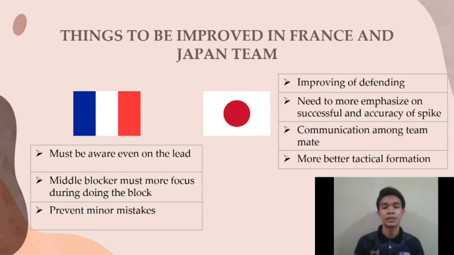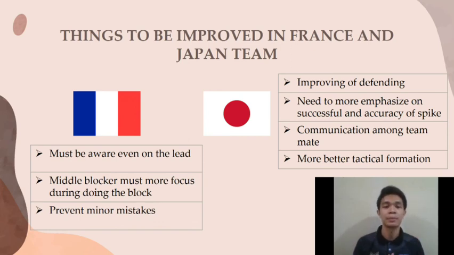Next, the middle blocker must be more focused while blocking. If they manage to decrease the errors while blocking, they can seal the game faster. The France team can also improve on preventing minor mistakes during the match.